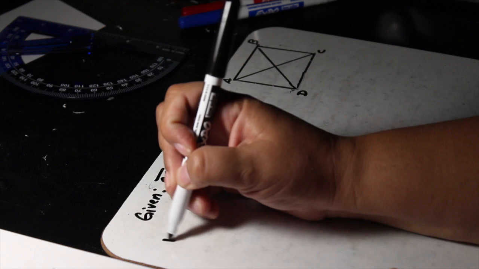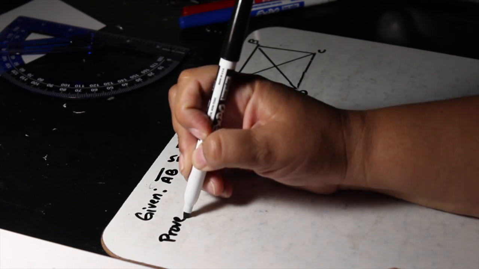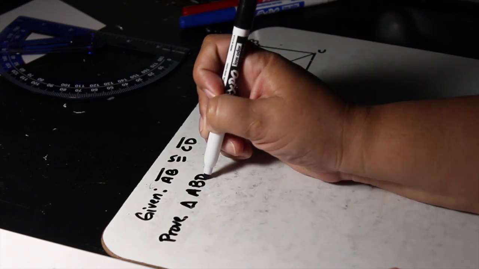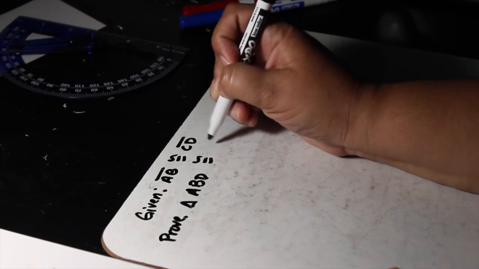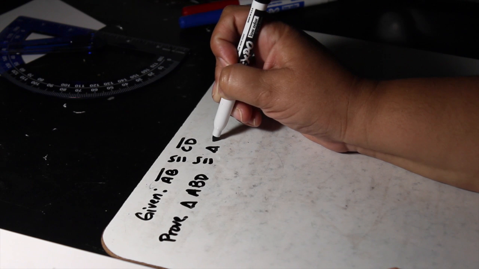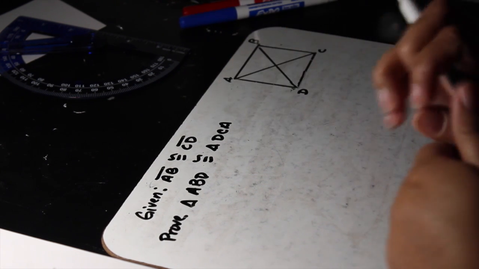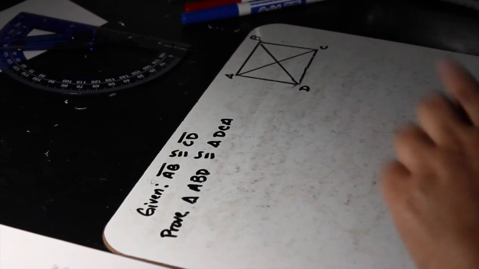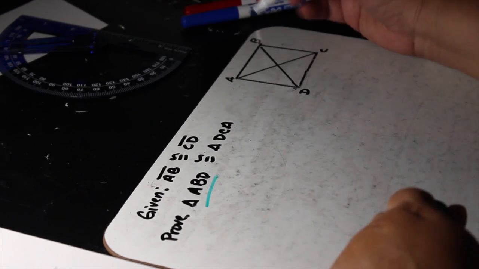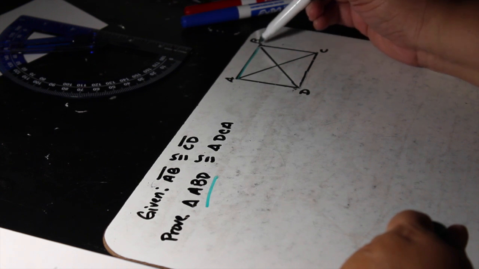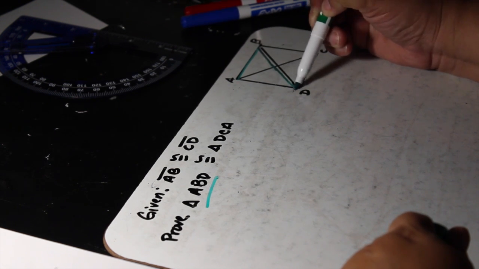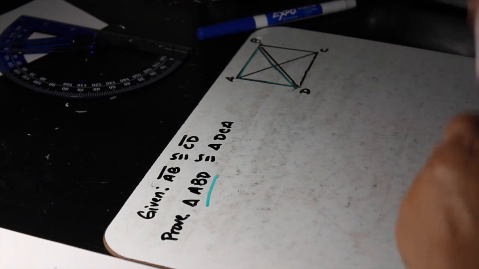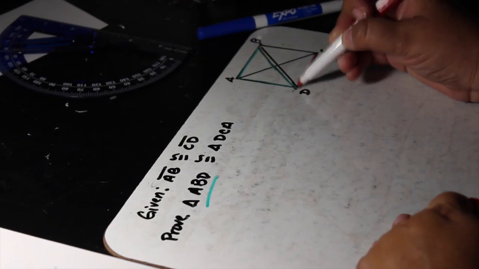And they want us to prove that triangle ABD is congruent to triangle DCA. So let's go ahead and outline those with different colors so we can see them. So triangle ABD is this one here, ABD, and triangle DCA is DCA.